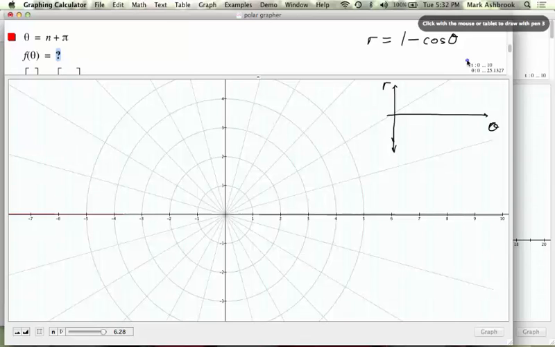Anybody? 0 and 2. He wants 0 and 2. What are the max and min values of just cosine? Or opposite of cosine, doesn't matter. Negative 1 and 1. Now we're going to add 1 to the whole thing, move it up. So it's going to go from 0 to 2, right? We'll do that in blue. So 0 to 2.